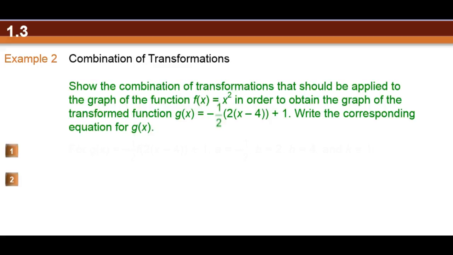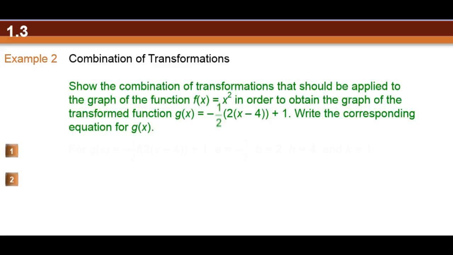So let's just go step by step on what's happening here. We have a negative in front. What's that? Reflection on the x-axis.